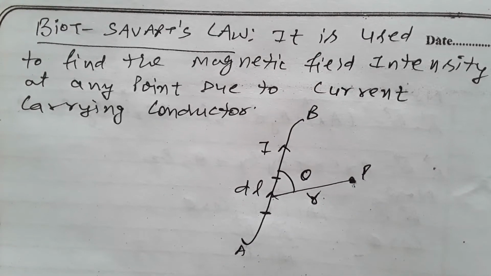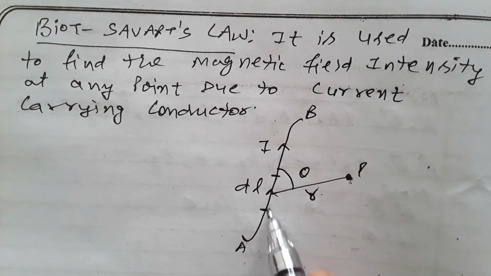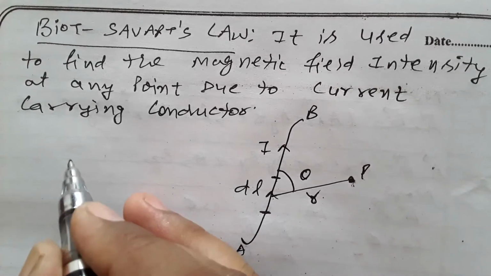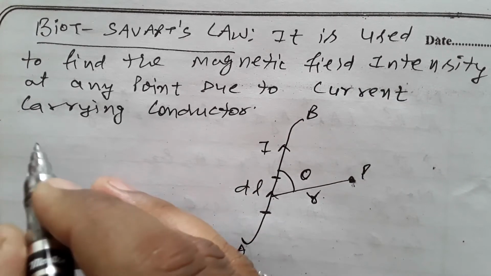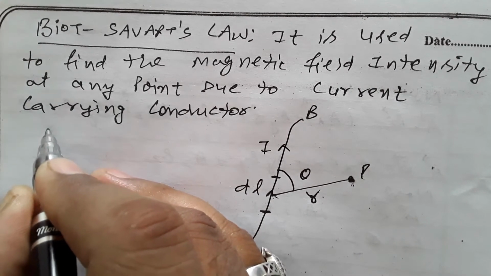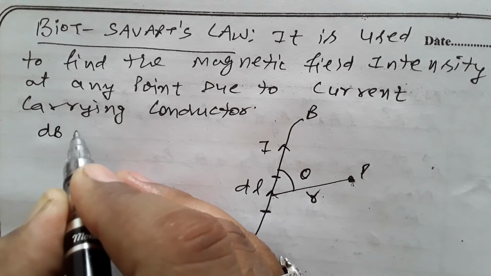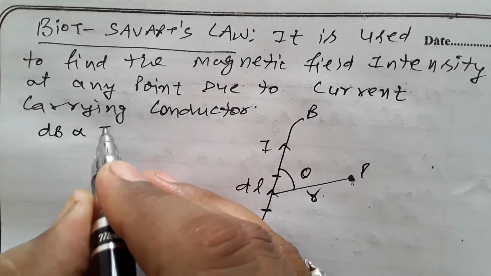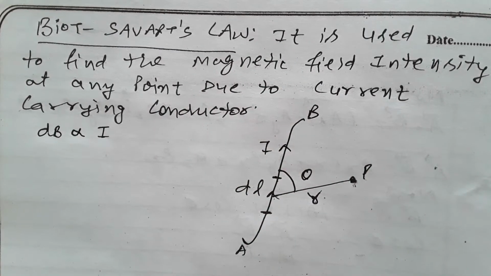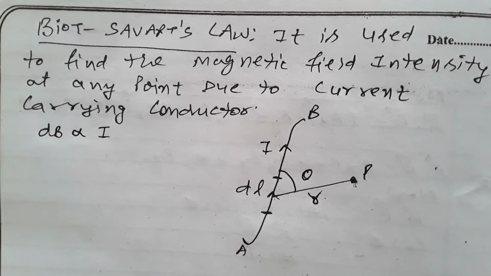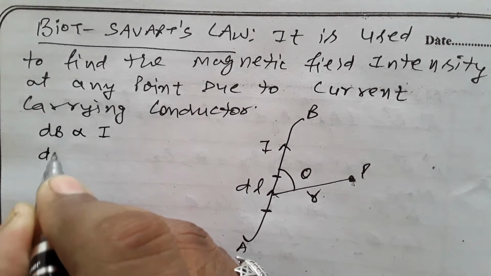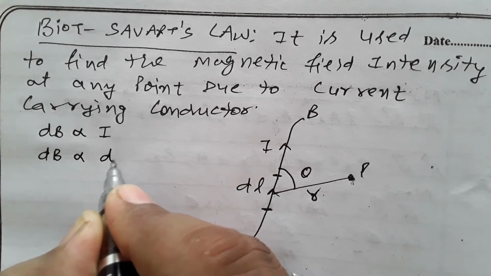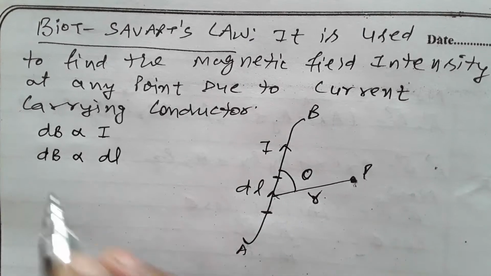It is observed that when the current is passing through the small length element, a small magnetic field dB is produced, and it depends upon some factors. It is directly proportional to the current. If the current increases, the magnetic field increases. Second, it is directly proportional to the current element dl.